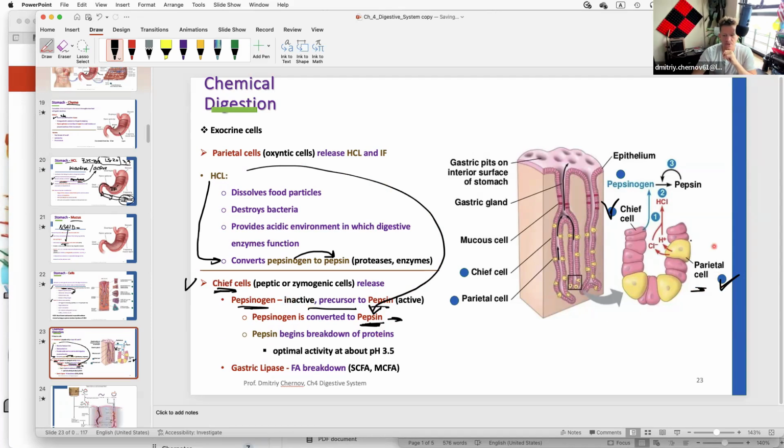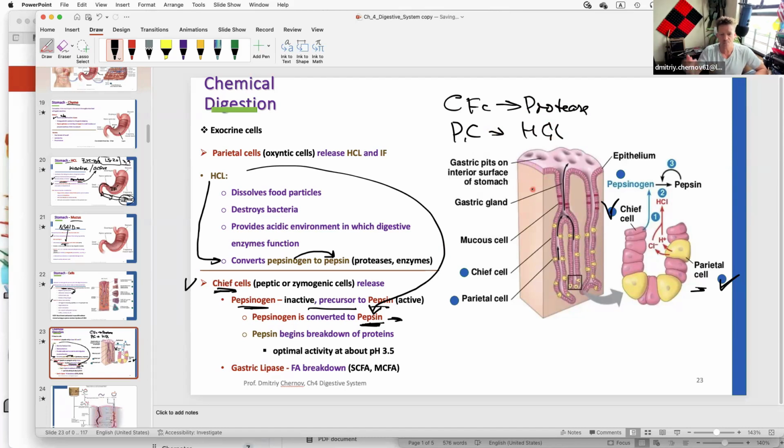Parietal cells directly release hydrochloric acid. So chief cells release protease, which is the pepsin, and parietal cells release hydrochloric acid.